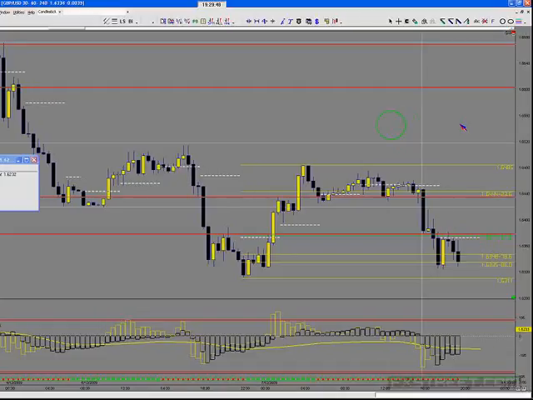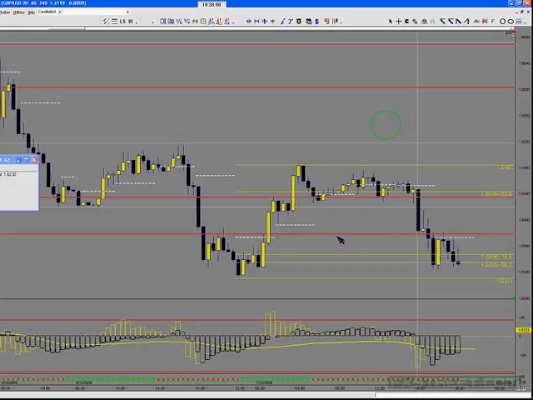Now it's done a pullback up to the 618, but more so, let me get rid of that 618. It's more so come back up and retested resistance, this daily support resistance line that we had already drawn in. So we know the market came down to it, went through, came to an 8.6, came back up. It's now retesting this area and now rejecting it.